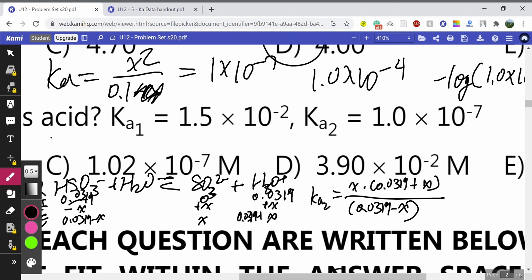Now we need to go to our y equals screen and do x times 0.0319 plus x, divided by 0.0319 minus x, subtracted by K2, which is 1.0 times 10 to the negative 7th.